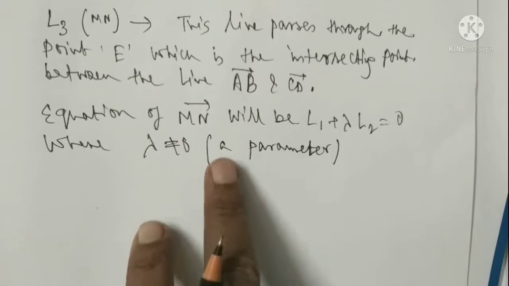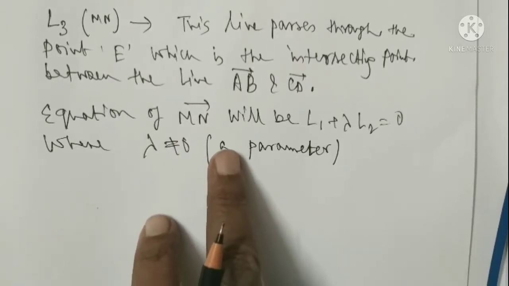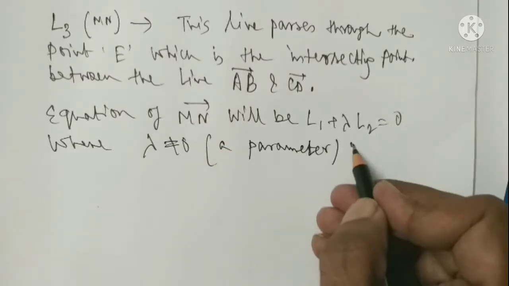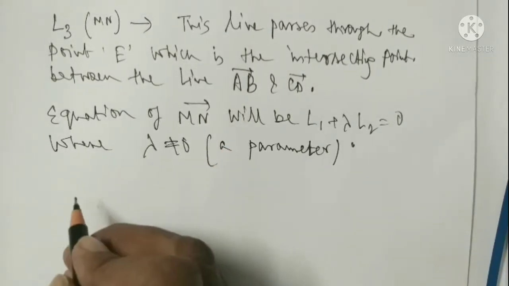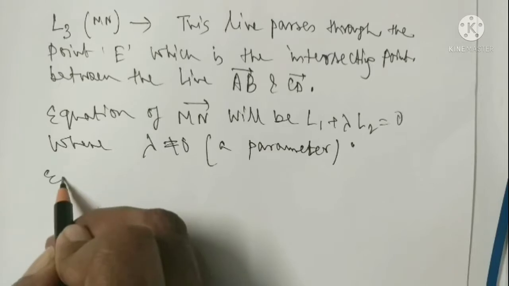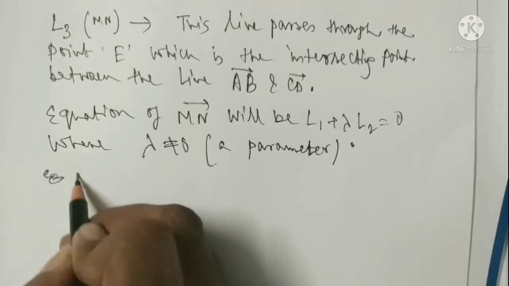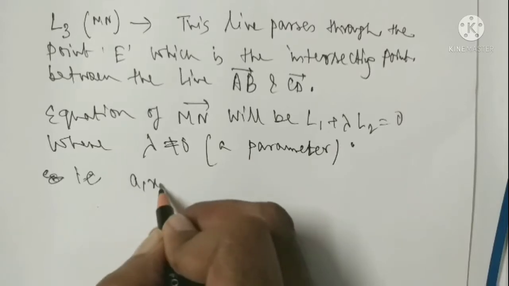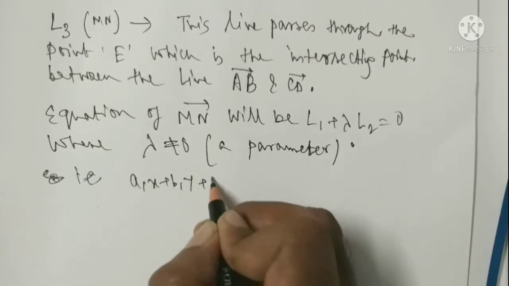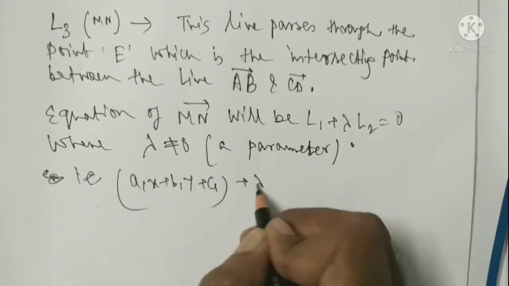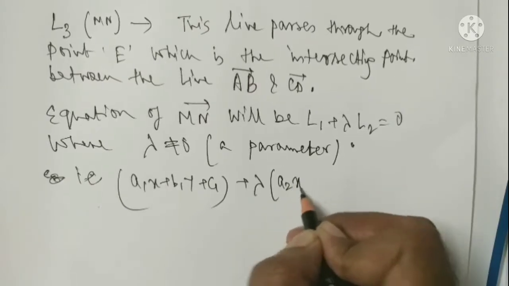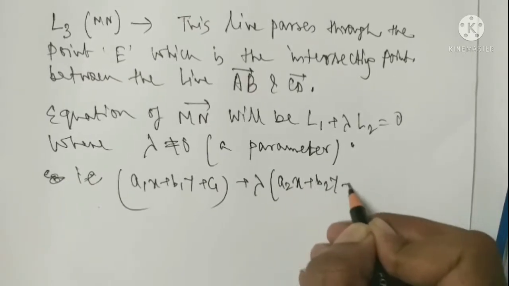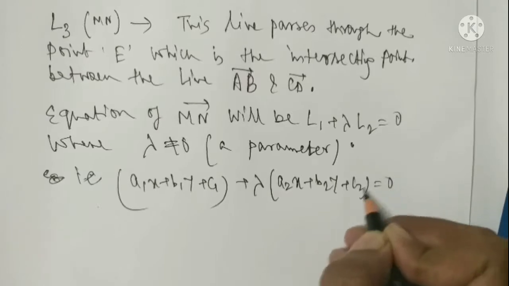This may be fixed for some specific problem. Now the equation of MN will be, that is, here we can write a1x plus b1y plus c1 plus lambda into a2x plus b2y plus c2 equals to 0.